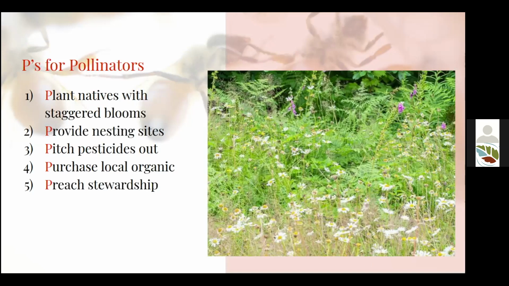That could be sharing pictures of the insects or bees that you see on social media. It could be doing collections and your observations, or playing bingo with friends, family members and neighbors. It's also kind of a teachable moment.